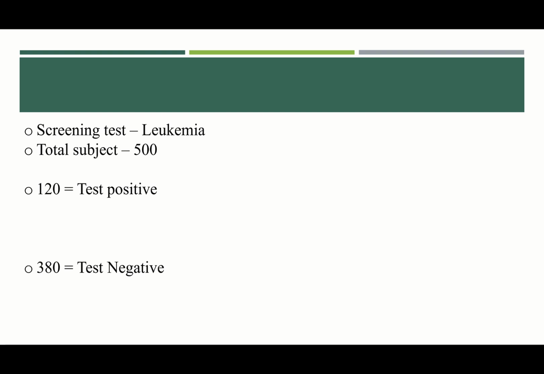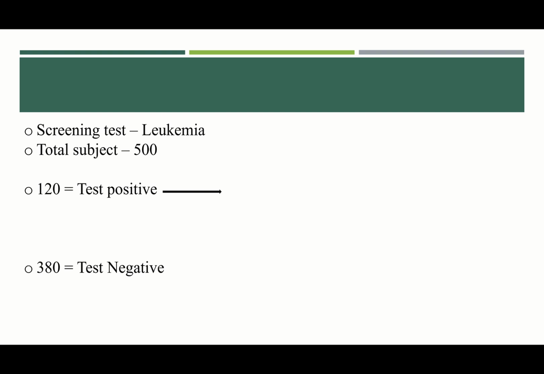After you found those 120 people, you will try to diagnose whether they actually have leukemia or not, for which you will go for the definitive procedure, which in this case is bone marrow study. After you have done bone marrow study in these 120 people of the test positive group, you found that about 30 people show features of leukemia in their bone marrow.